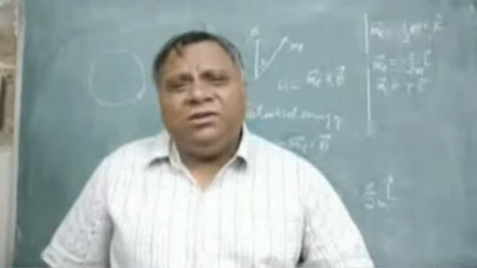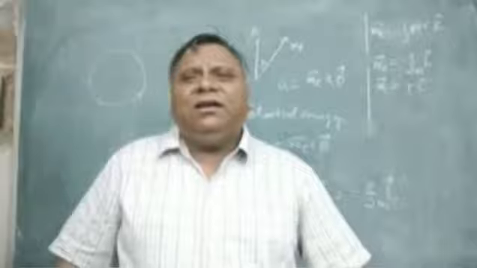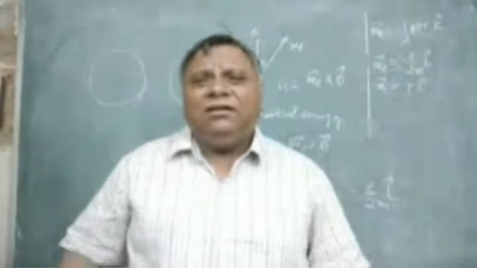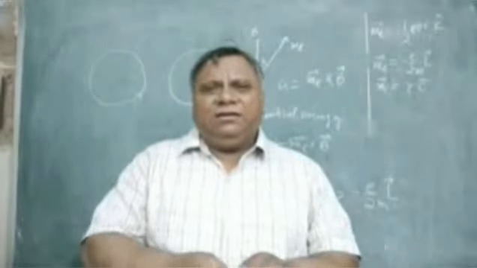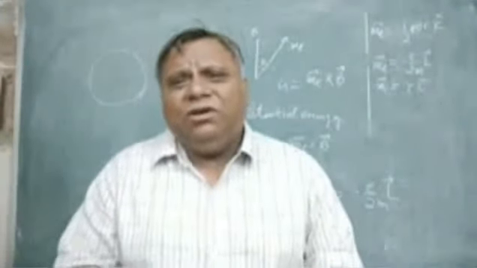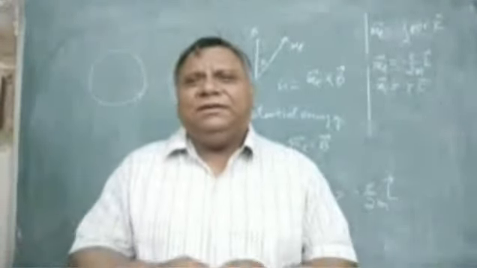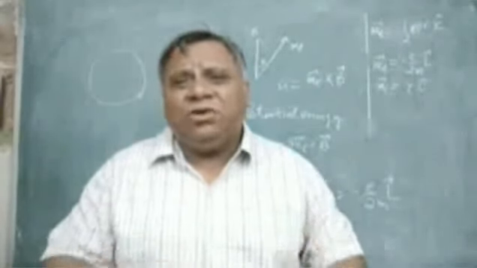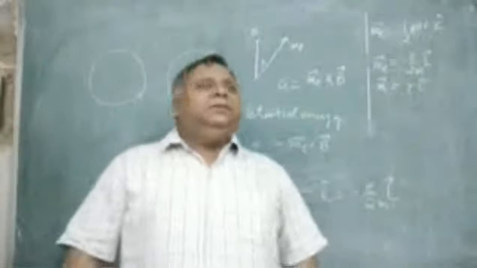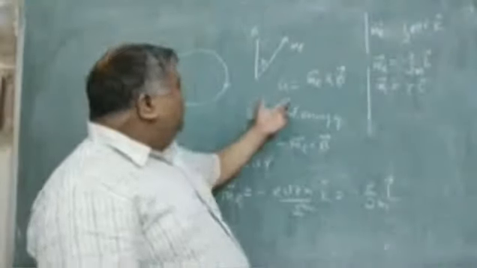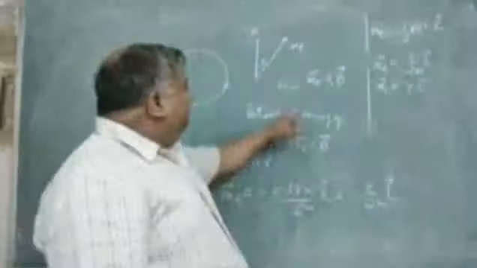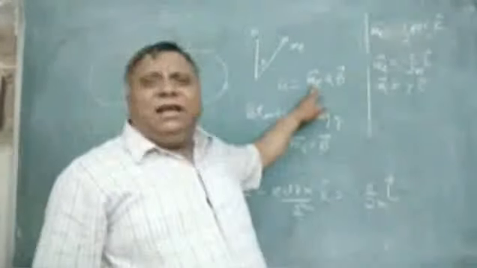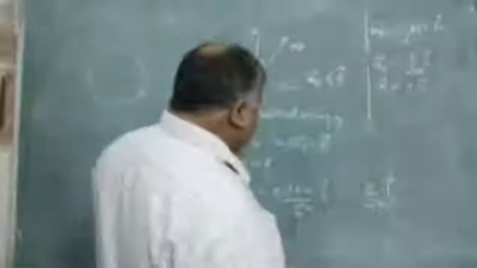So there is a torque which tries to align the electric dipole along the field, which is basically the origin of orientational polarizability. But here the situation is different. We have an angular momentum which is associated with m_l.